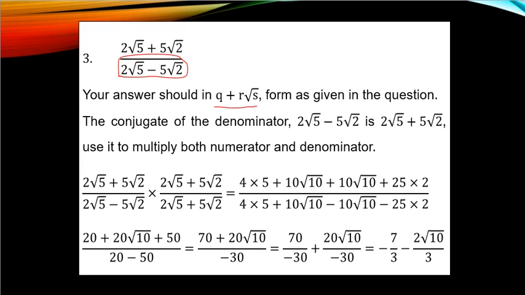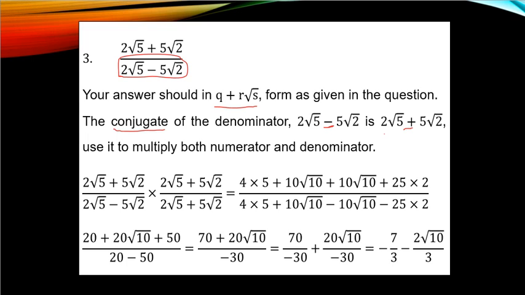Once you have a complex surd like this, what you do is take the conjugate. I told us earlier that conjugate is simply a change in sign that connects the surd itself. So this is the denominator. The conjugate: this minus sign changes to plus.